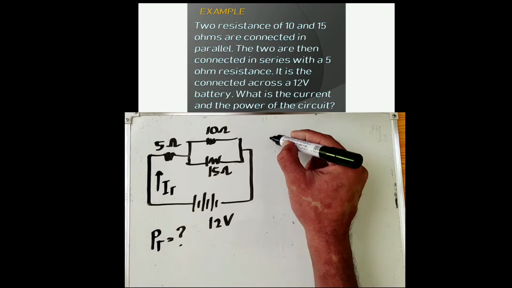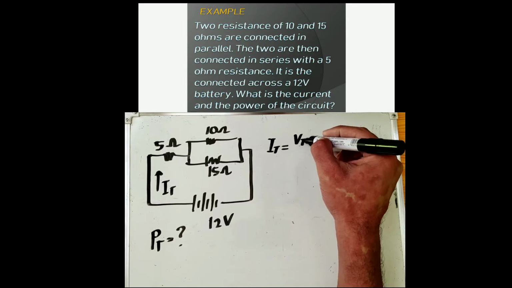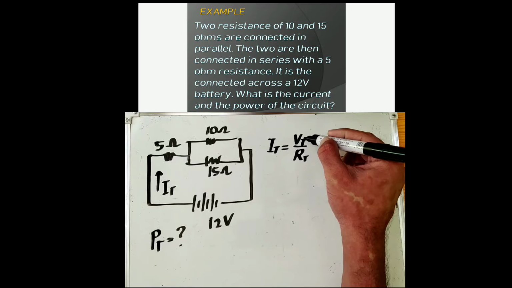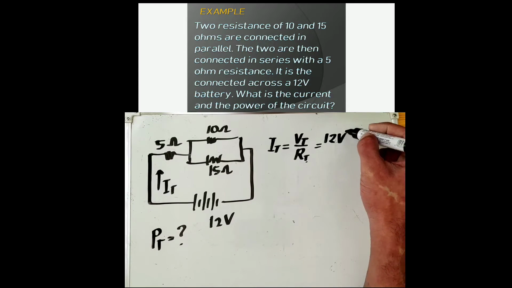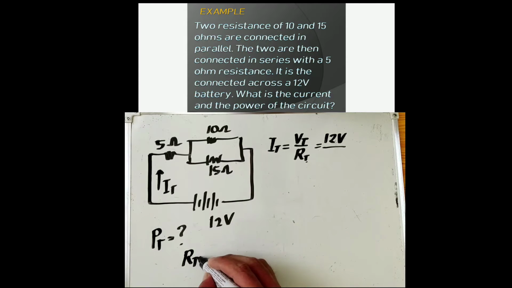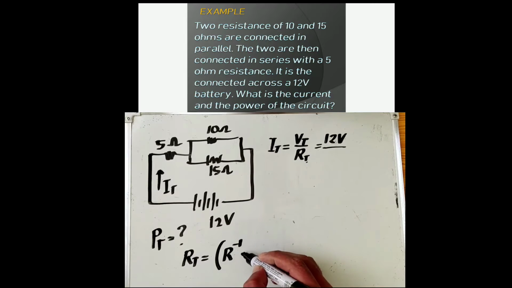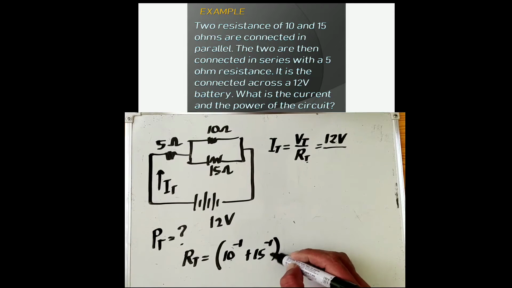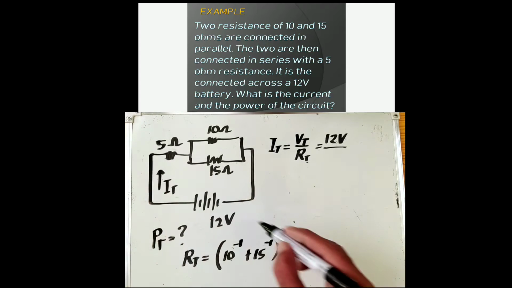In getting IT, we will be using Ohm's law. So, VT over RT, we have VT which is equal to 12 volts. So, check for the voltage. However, for the total resistance, we will be getting that first. So, R total is equal to, that will be the parallel resistors first, 10 ohm inverse plus 15 ohm inverse, for the parallel connection, plus 5 for the series.